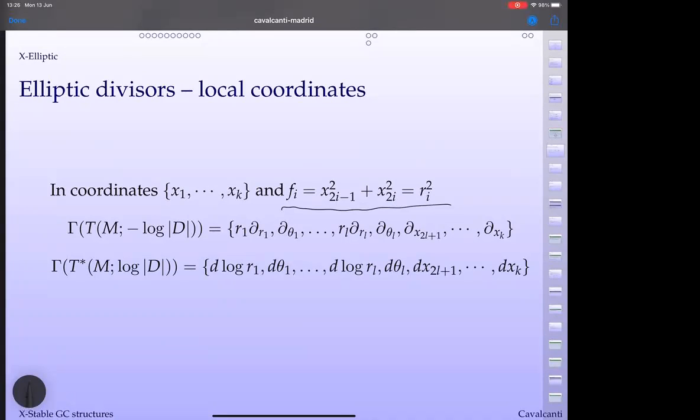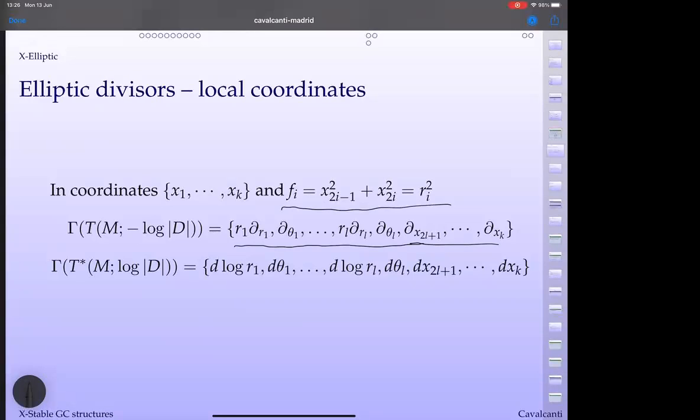So that's what these thetas are. And then if I look at my generators, they look like this. Up to L, I have the Euler vector field in the direction of that variable and the rotation in that hyperplane. And then at some point, I just get continuation by further variables that have nothing to do with this story.